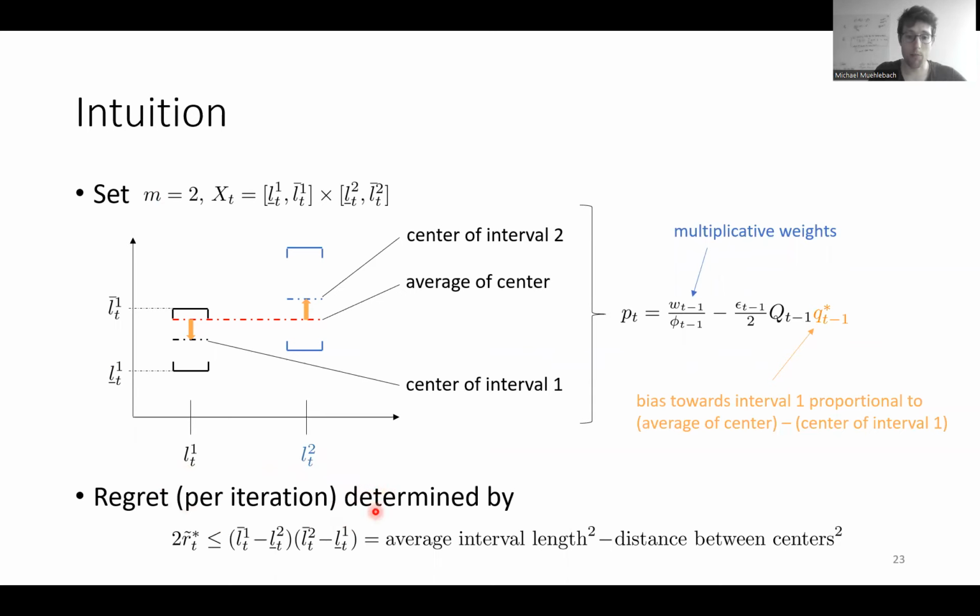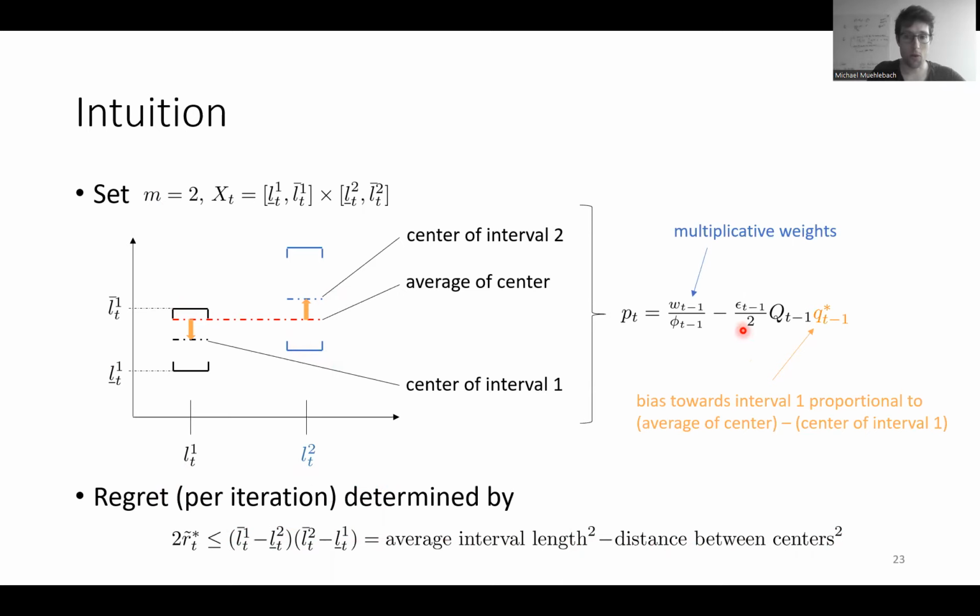The regret per iteration can be bounded by the following expression, which is nothing but the average interval length squared minus the distance between the centers squared. One important case is when the upper bound of option 1 coincides with the lower bound of option 2.